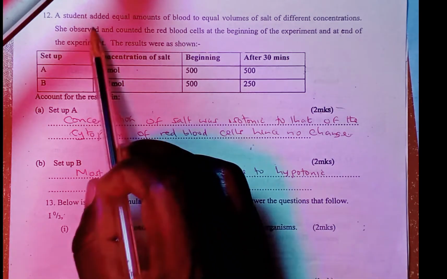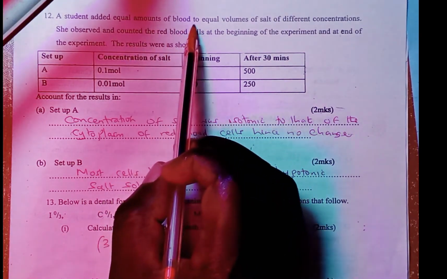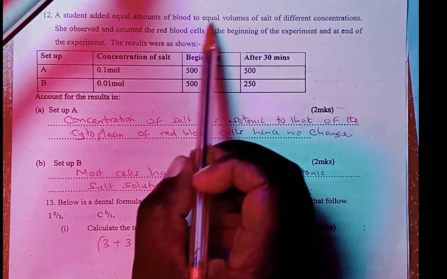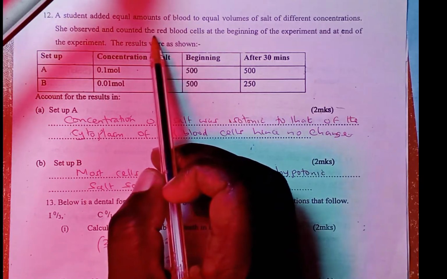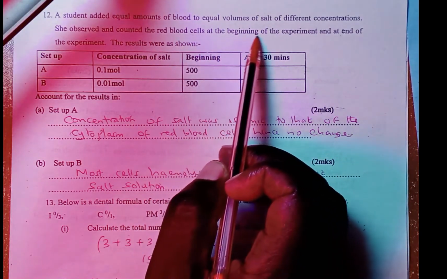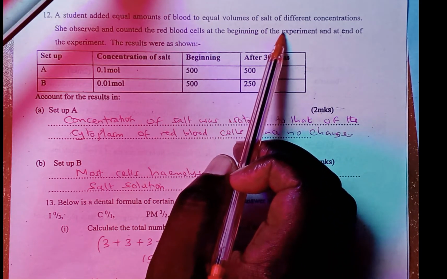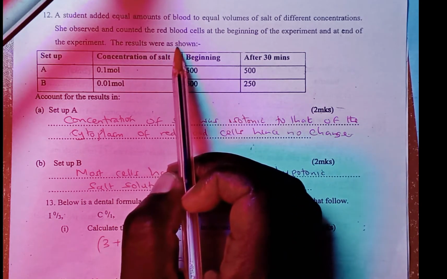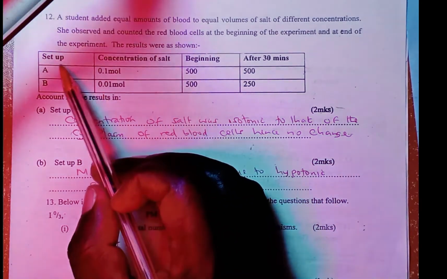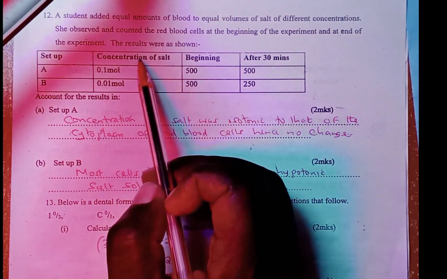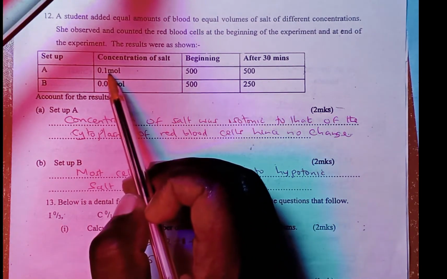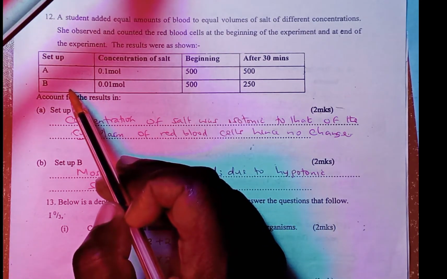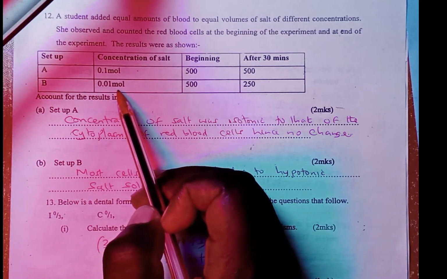Question number 12. A student added equal amounts of blood to equal volumes of salt of different concentrations. She observed and counted the red blood cells at the beginning of the experiment and at the end of the experiment. The results were as shown below. We have setup A and B. The concentration of the salt in A is 0.1 molar, while the concentration of B was 0.01 molar.